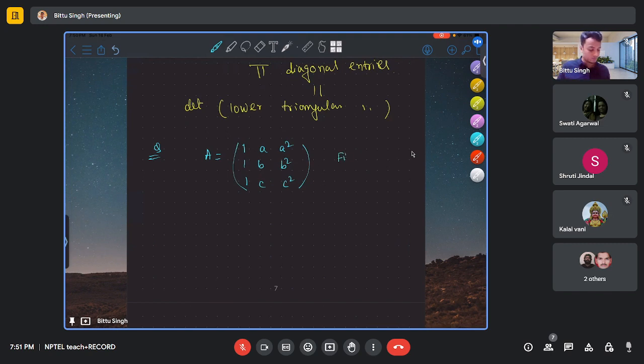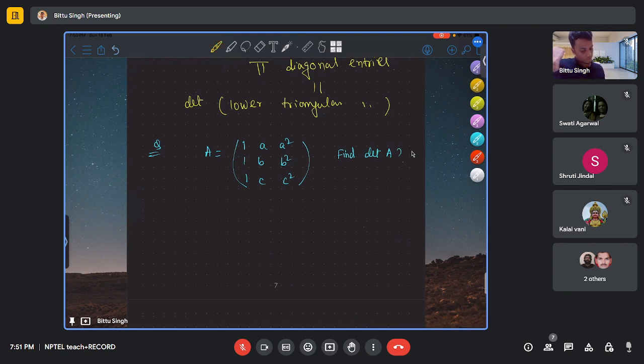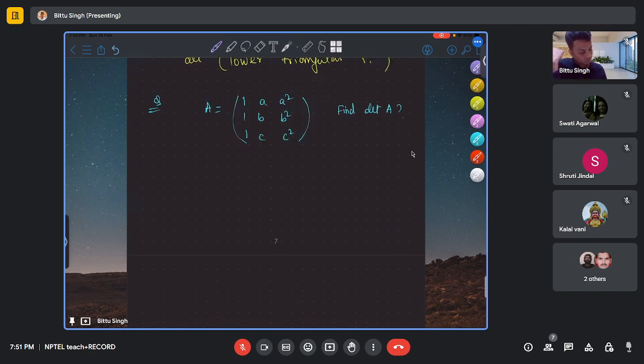Find the determinant of A. What will be the determinant? Det A is the same as the determinant of this matrix.